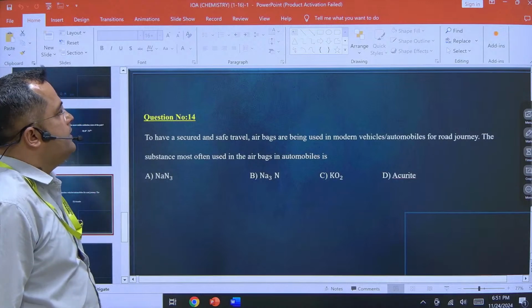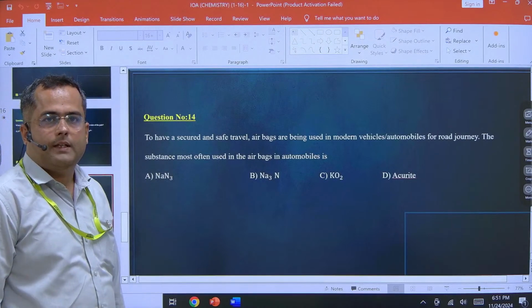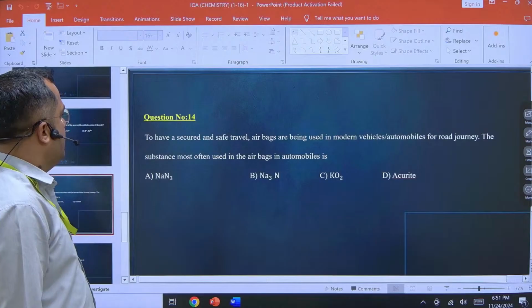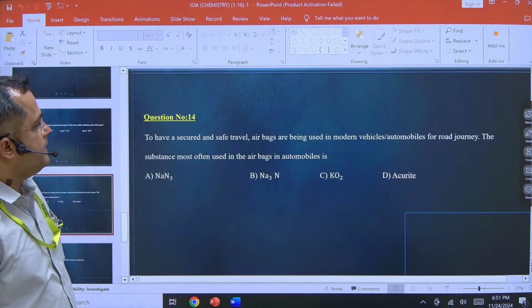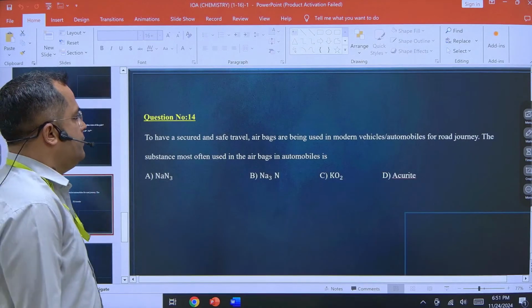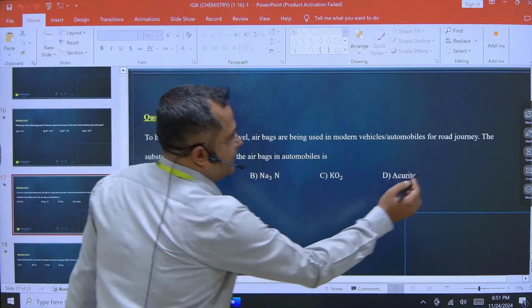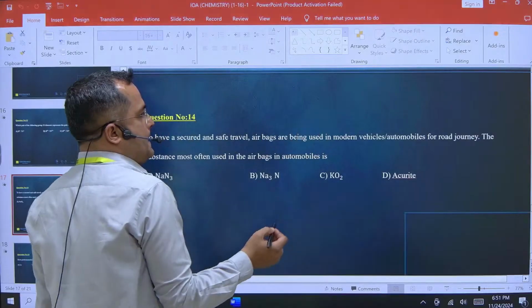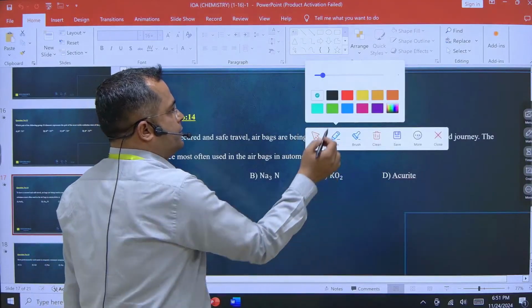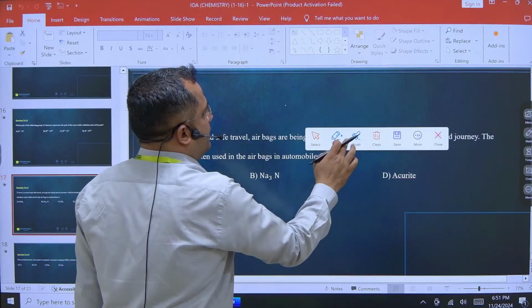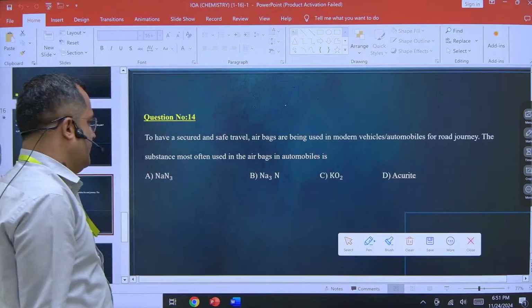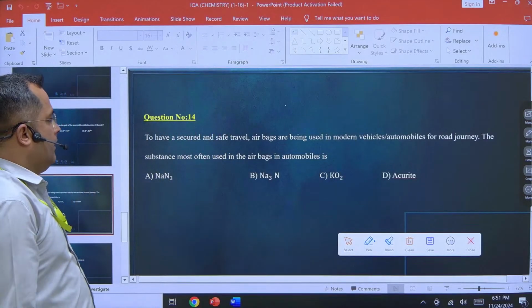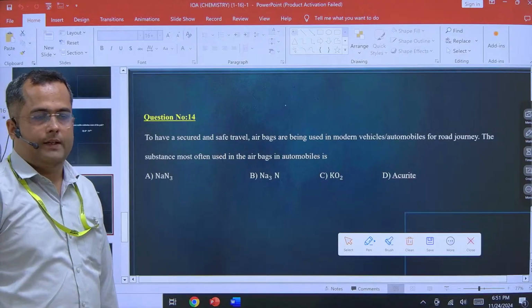Here, it is also written as a fact in NCERT. Which compound is used in airbags? We all know it is sodium azide. And now the problem arises, what is the formula of azide?